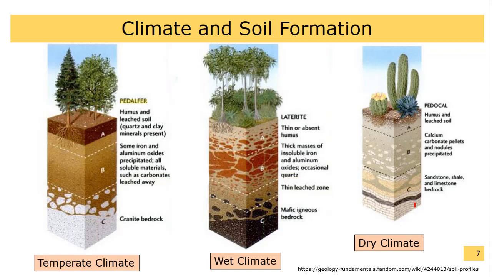Soluble minerals, especially calcite, accumulate in the B horizon. Capillary action brings calcite up because of water evaporation from the surface. C horizon has minerals locked in because there is not enough water to promote weathering and leaching of minerals.